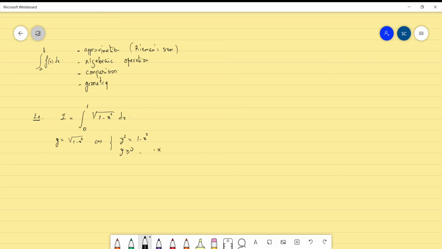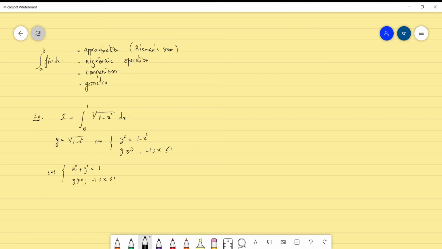Plus x is between minus 1 and 1, because the quantity under the square root must be positive. Now the second step: if you move the x^2 to the other side, you get x^2 plus y^2 equals 1, with y positive and x between minus 1 and 1.